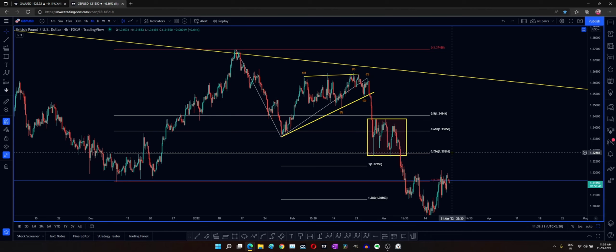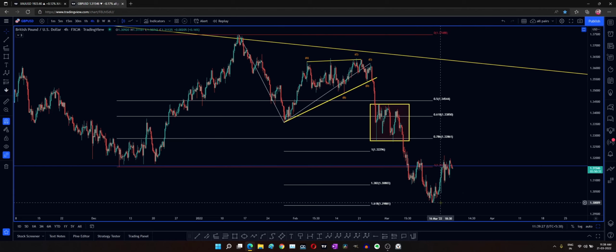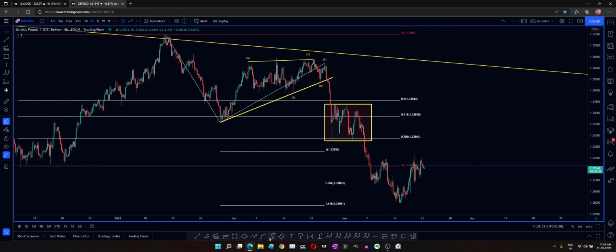So price tested every fib retracement level. Now after this chart pattern breakout and bottom near 78% and then 61% projection, is this bottom trend reversal or correction? We do not know.